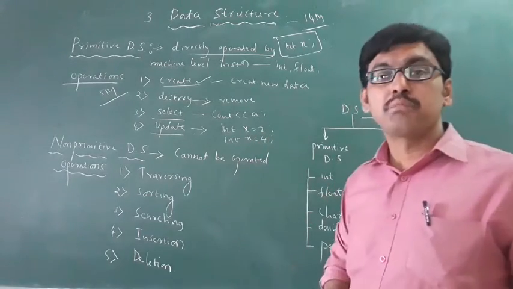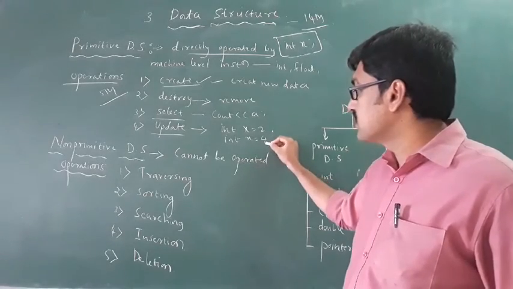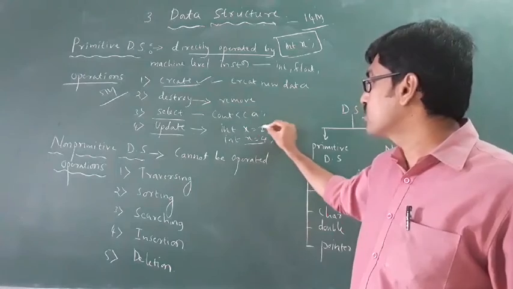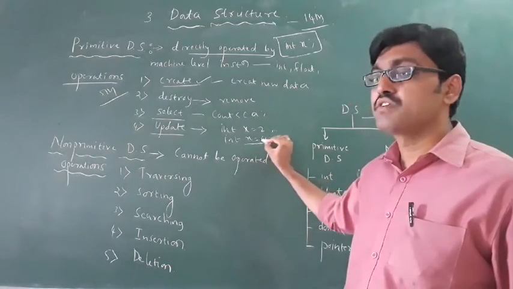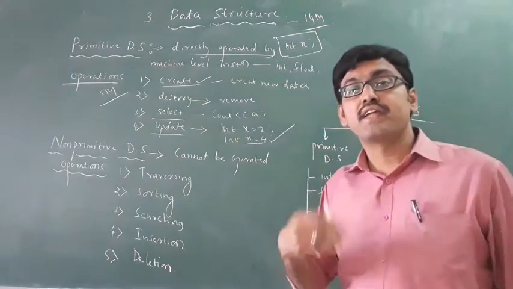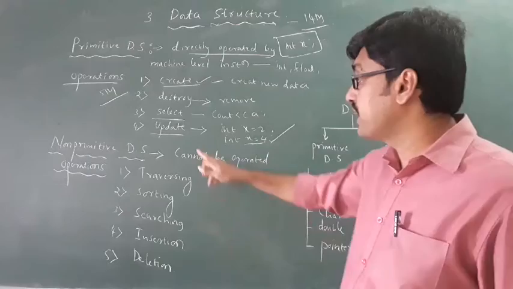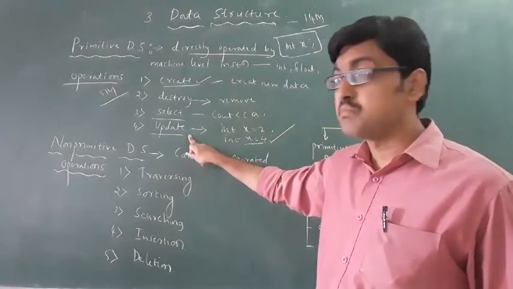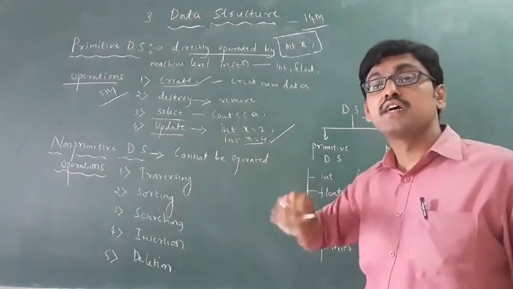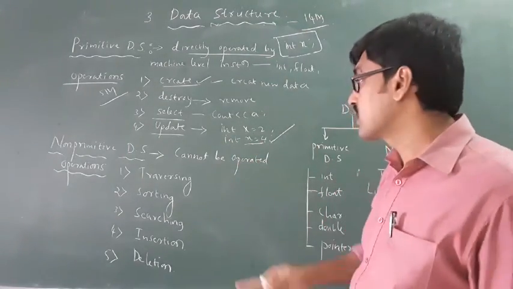Then the computer takes the first written data, then takes the second written data. So update means x equal to 2 is replaced when I next write int x equal to 4. It automatically updates the value. That is called the update operation. This operation is used to update our data in the data structure.